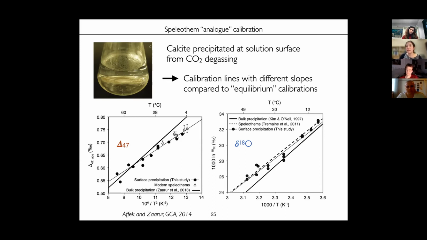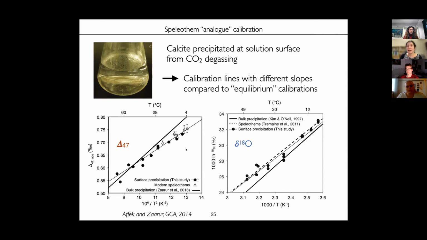Interestingly, the delta 18O calibration that they derived is quite similar to the Tremaine et al. calibration based on modern-day speleothems that many use in the speleothem community. So this is promising, I would say, in that if we can somehow resemble the processes in the cave in those kinds of lab experiments, we can derive a calibration that is applicable to speleothems.